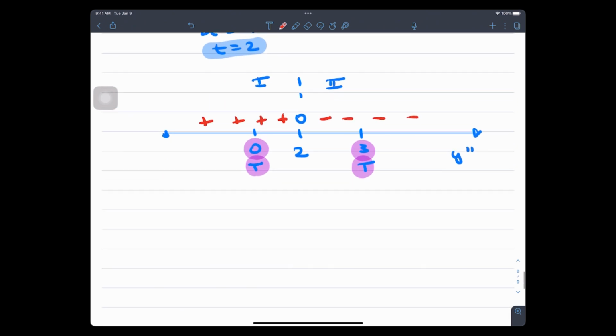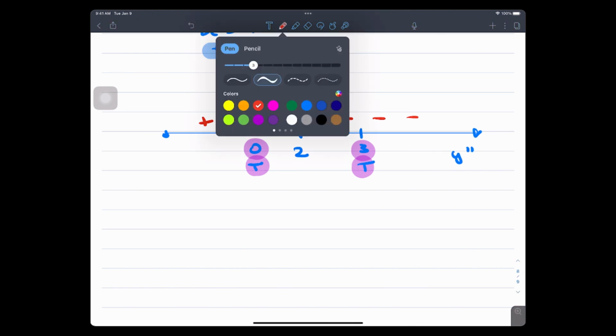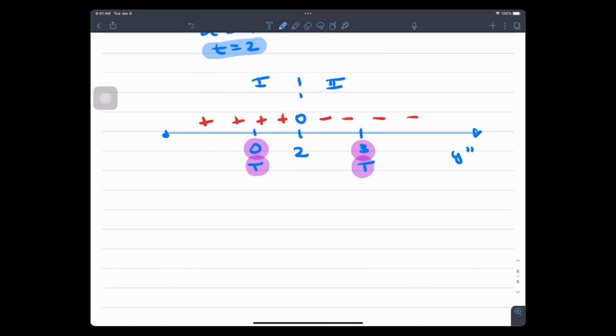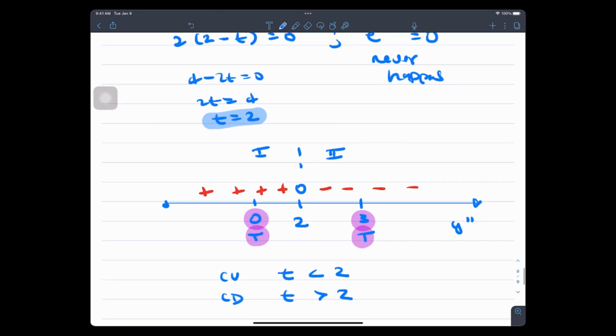So what this is saying, these are t values here, okay? These are values of t. The curve is concave up for time values being less than 2, and it says it's concave down for time values being greater than 2. If we did everything okay, not sure we did, but let's double check now.